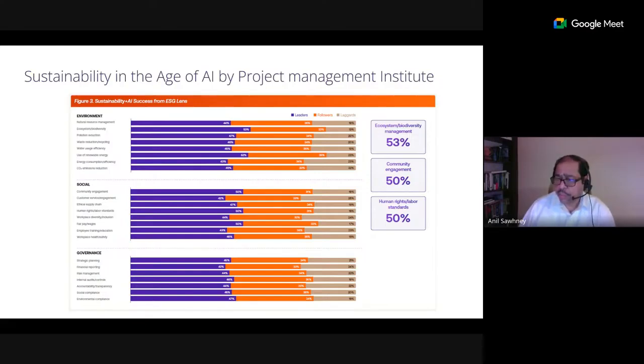From a social point of view, there's enhanced community engagement, and then human rights or social outcomes. So if you look here, 45% of the leaders report carbon dioxide emissions reductions when they're using AI. So it's helping them drive benefits directly related to ESG.